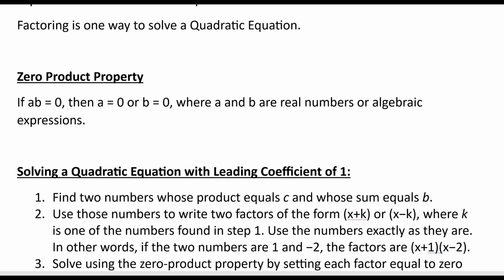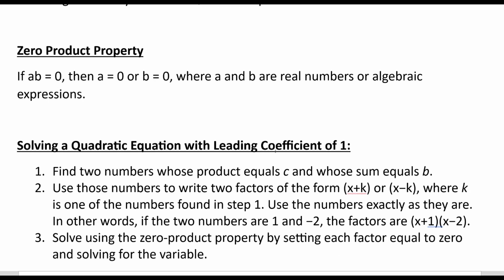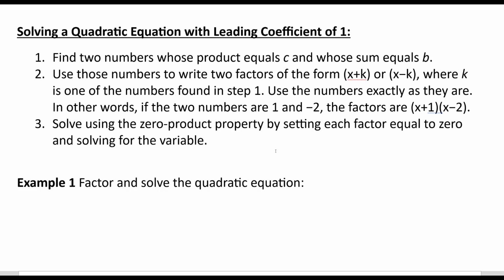What is a solution? It's a value that makes the statement true. And so we're able to find values that would make the statement true by making either one of those factors equal to 0. Actually, we'll find both. So there might be more than one. Might be 1, might be 0, might be 2 solutions to these.